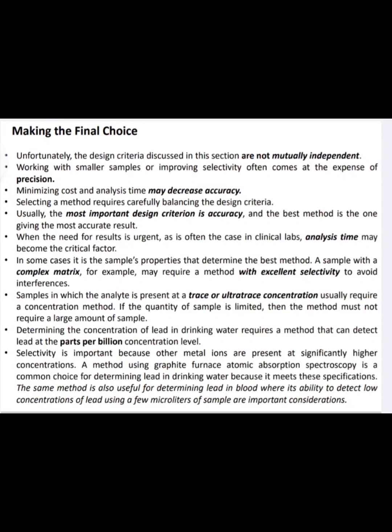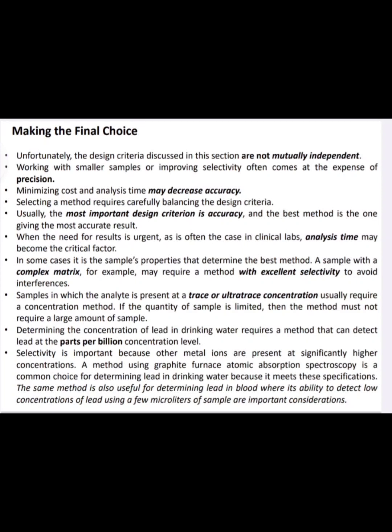A sample with a complex matrix may require a method with excellent selectivity to avoid interferences. Samples in which the analyte is present at a trace or ultra trace concentration usually require a concentration step. If the quantity of sample is limited, then the method must not require a large amount of sample.